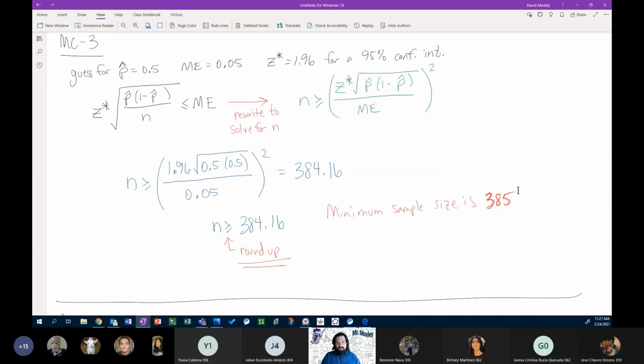What can I clarify about this problem and the math that I just showed? What questions do you have? If you guys are looking at this and you're thinking to yourself, Mosley's writing in Chinese, you need to ask a question.